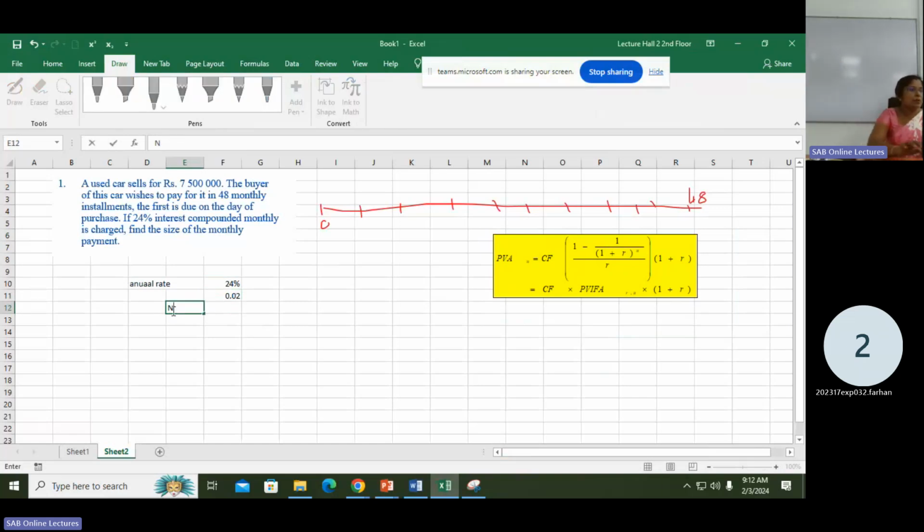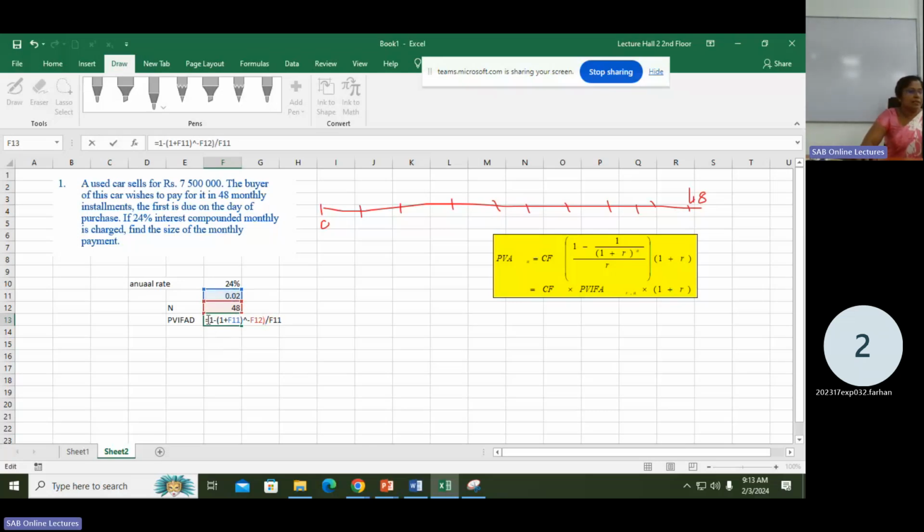Here we have 48 monthly installments, n = 48. So the present value interest factor for annuity due: how much here? 1 minus (1 plus R, 2%) to the power minus 48, divided by R.